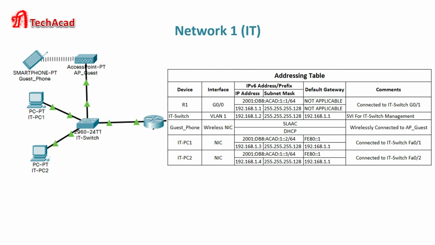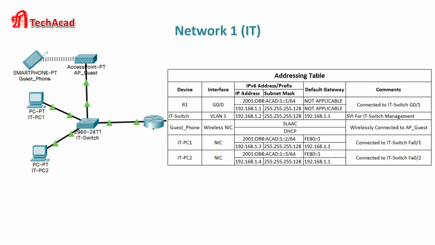This is for the management purpose, so that we can access this switch locally or remotely, and we can configure this switch. Then for the guest phone, we will use SLAAC, that is stateless address auto configuration for the IPv6, and also IPv4 will be taken using DHCP server.